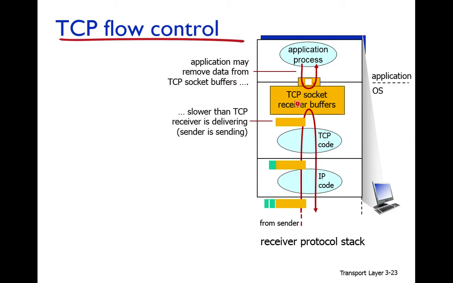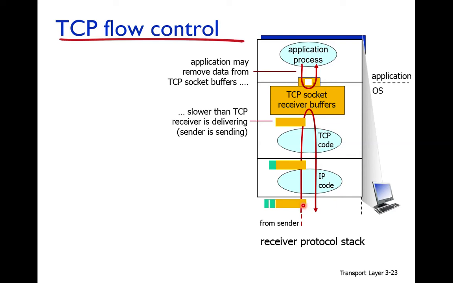The data is stored in the TCP socket, and from the TCP socket the application reads the data. When the data is read by the application, it is removed from the receiver buffer, that is, the data is moved from the buffer to the application. So the space becomes empty, it becomes free.